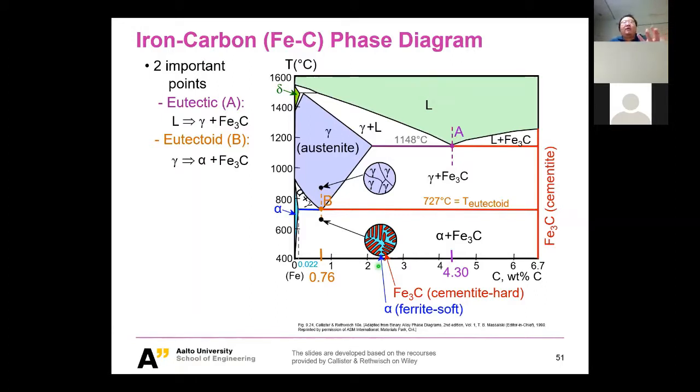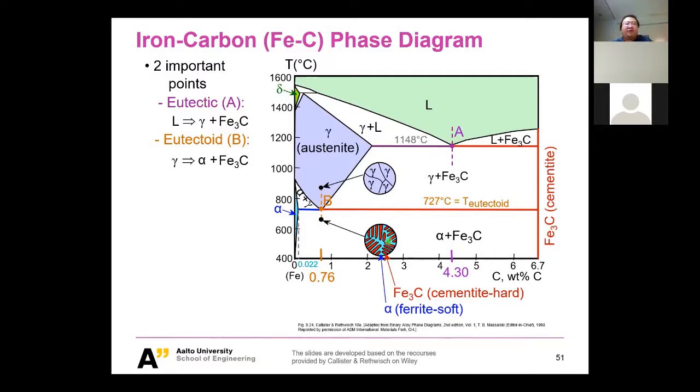So when you diffuse your carbon from one place, you know the alpha phase has a very small amount of carbon because the solubility is rather low here, but the cementite has high. So the carbon basically goes from one place to another, and this higher concentration becomes cementite, and the lower concentration automatically becomes alpha.